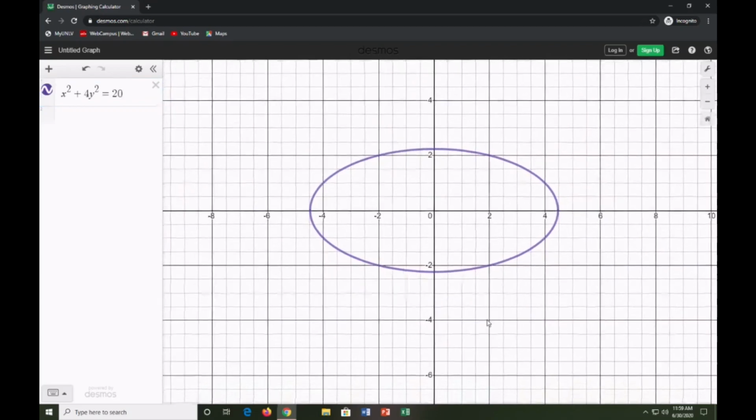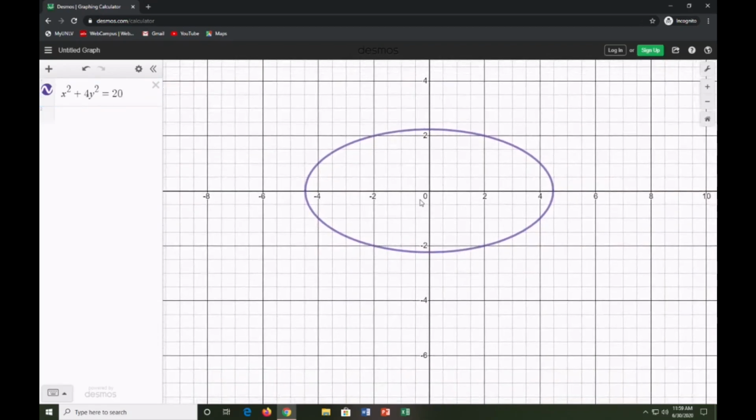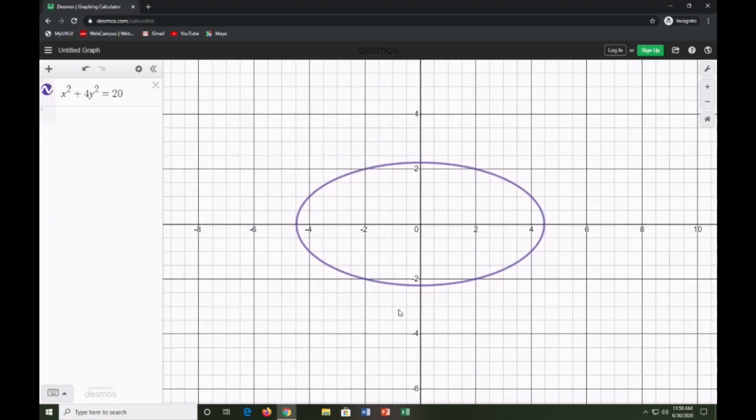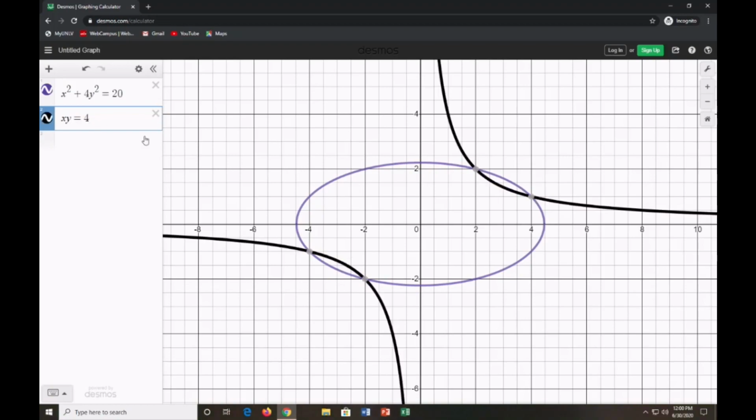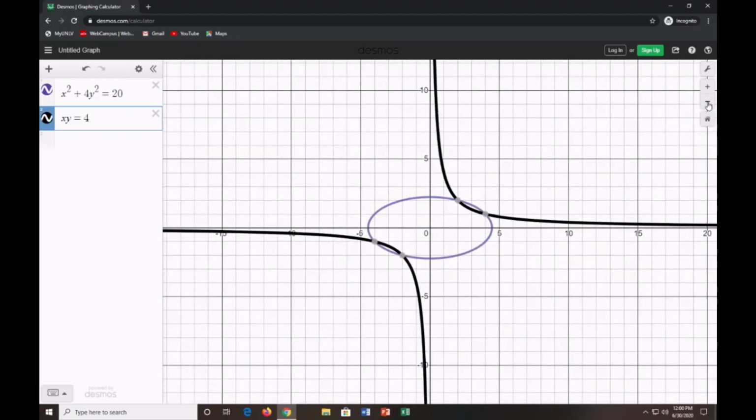So we have an ellipse, and in this case, the major axis of the ellipse, or the longer axis, lies along the x-axis, and the minor axis of the ellipse, or the shorter axis, lies along the y-axis. So that's that. Now let's plot the other curve, which was xy equals 4. Here we have another hyperbola, right?